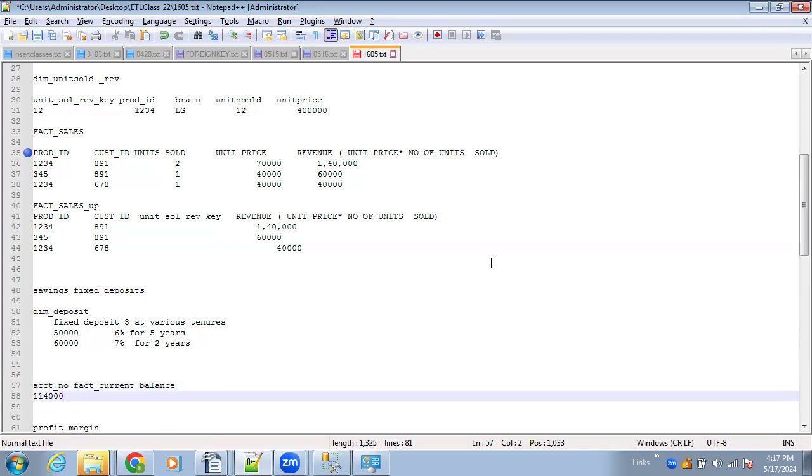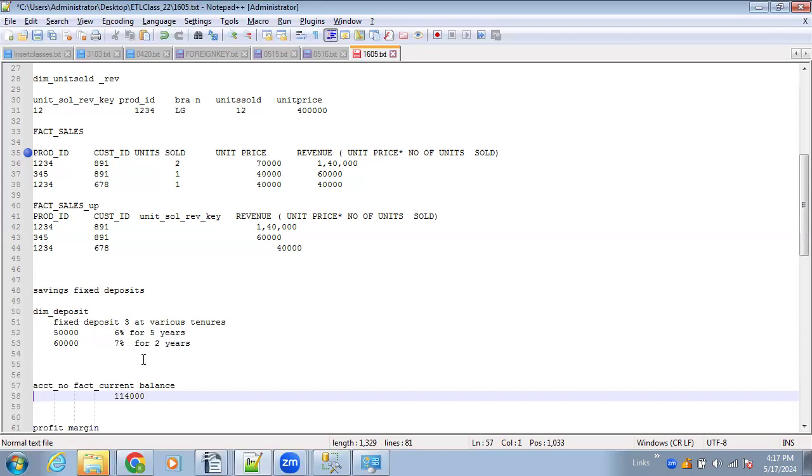This is your fact table. So both of them are linked with what? Account numbers. Whenever you made a fixed deposit, you'll be having that account number, right? So that account number would get over here. Different account numbers will be there.